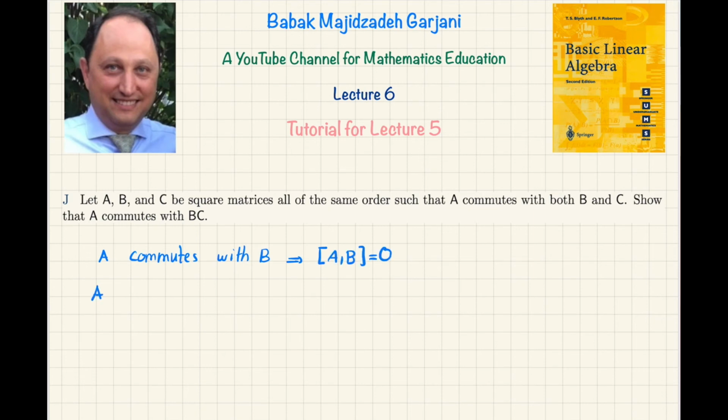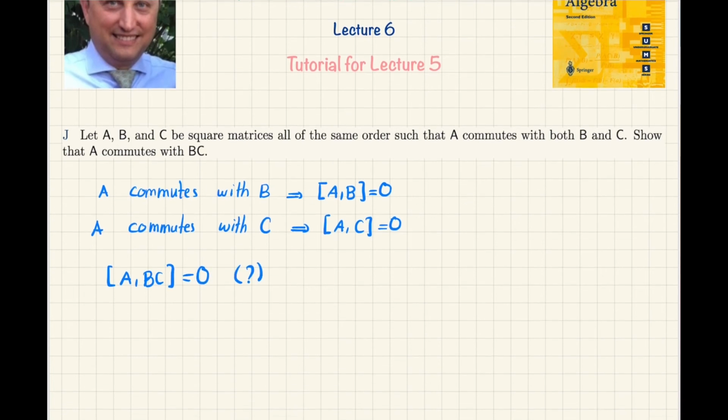I also know that A commutes with C. Then this means that the commutator of A and C is also the zero matrix. Now I want to show that A commutes with the product. So my goal is to show that A commutes with BC, so I need to show that this is indeed the case.